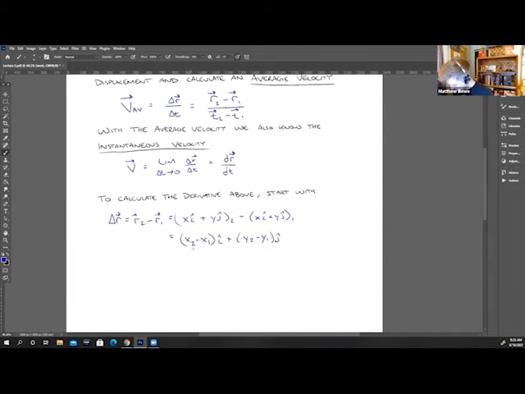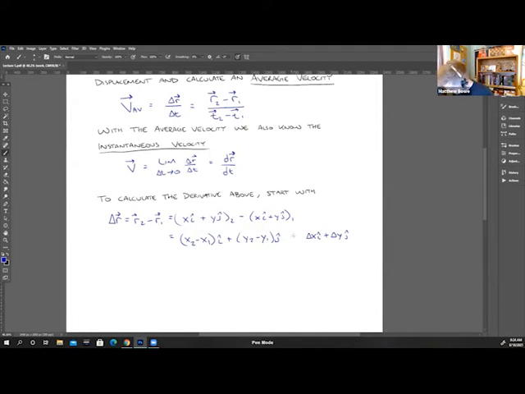And this x2 minus x1 is just delta x i hat, and the y should be delta y j hat.